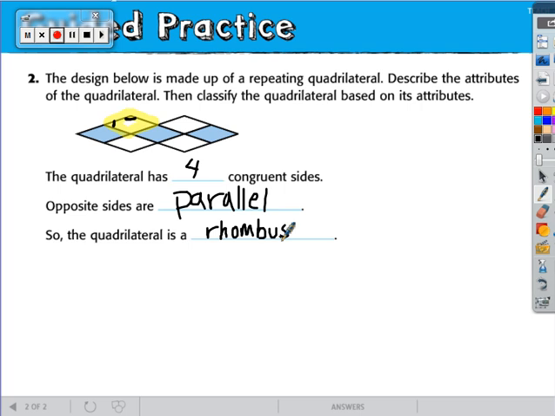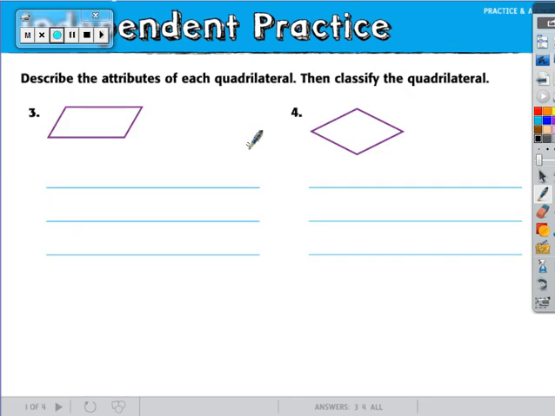Okay. Now, here's what your homework looks like. Okay? You see how there's just 3 blank lines? You are going to have to write in opposite sides are something, something.